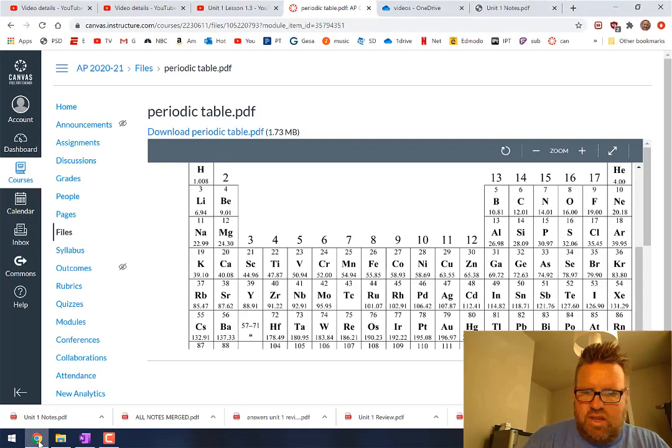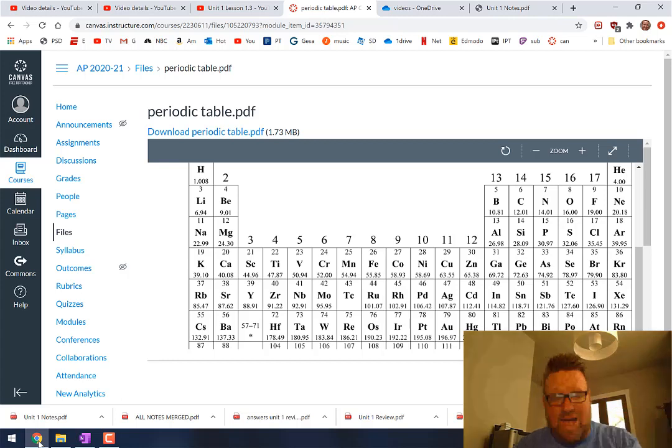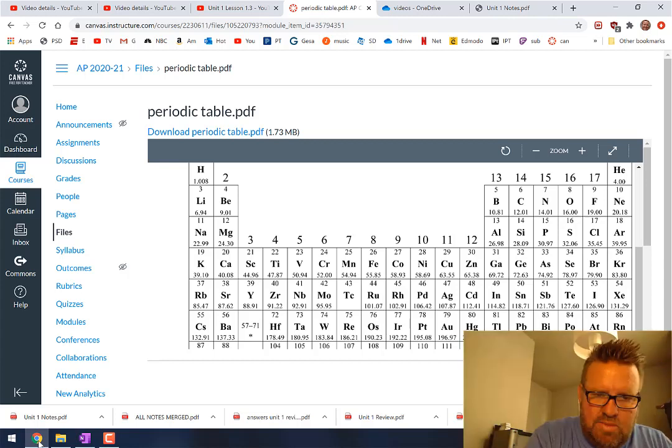For lead, lead is a little bit trickier here. Let's just take a look at it. So lead is way down here, number 82. Again, the last shell is going to be 6s right here, and then you go down to the f subshells, and then you come back up to the d subshells. But just like the d subshells, the f subshells are also behind the s's and the p's. So whenever you're talking about the last shell, if it's an element over here on the left-hand side, it's just that s subshell.